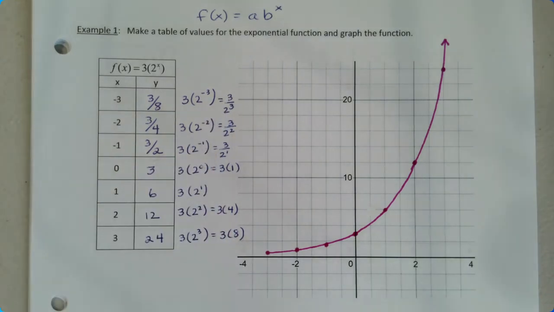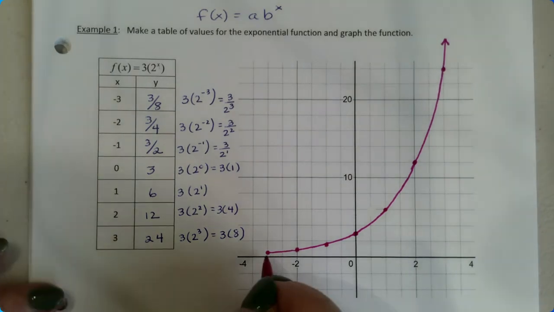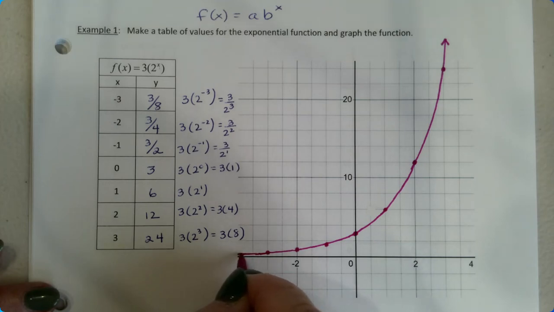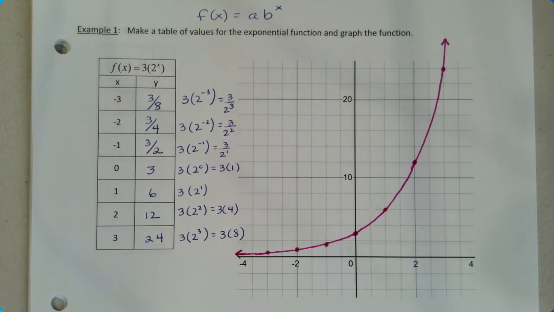It's just something in the denominator. So these values over here, although they'll be very small, because you'll have bigger and bigger numbers in your denominator all the time, will never actually become negative. So I'm going to show that by sketching this in and showing that I'm really, really close to 0, but I stay above the 0. We'll talk about that behavior a little bit more in just a minute.